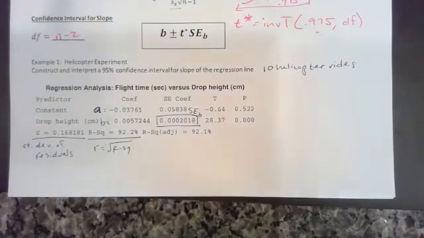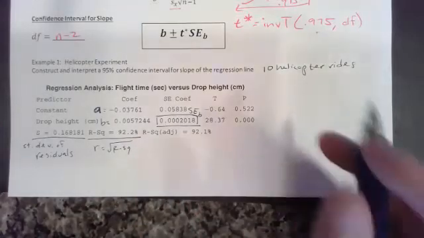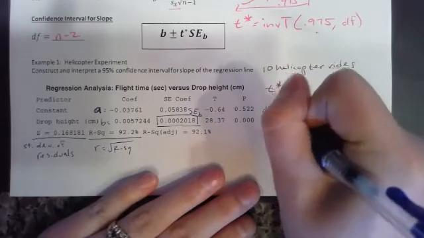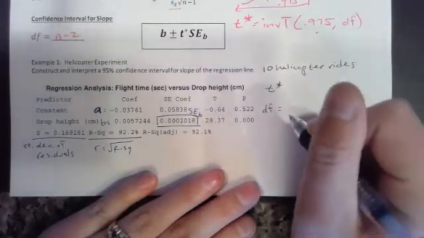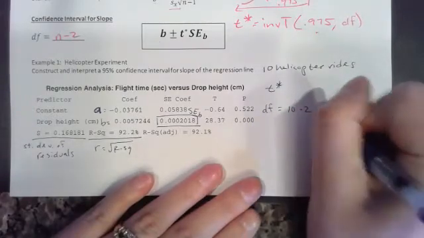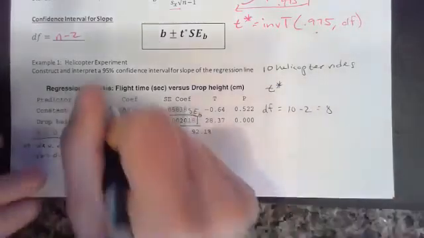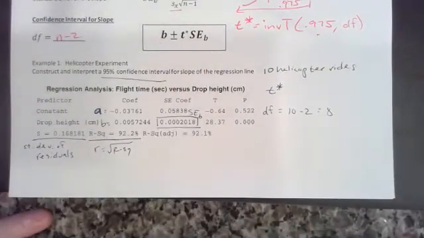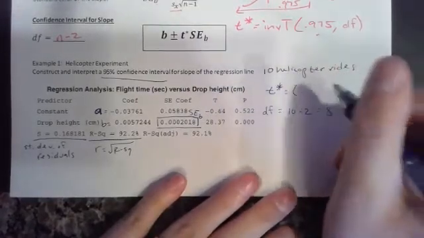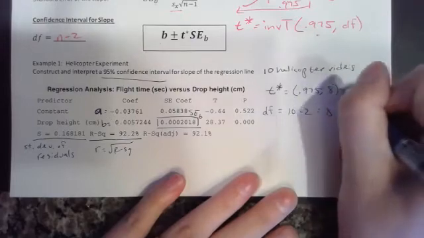So first thing let's find here is our degrees of freedom. So our degrees of freedom, we have 10 helicopter rides minus 2. So I have 8 degrees of freedom. Now we're doing a 95% confidence interval. So to find my t star, I'm going to do t inverse with 0.975, comma 8.